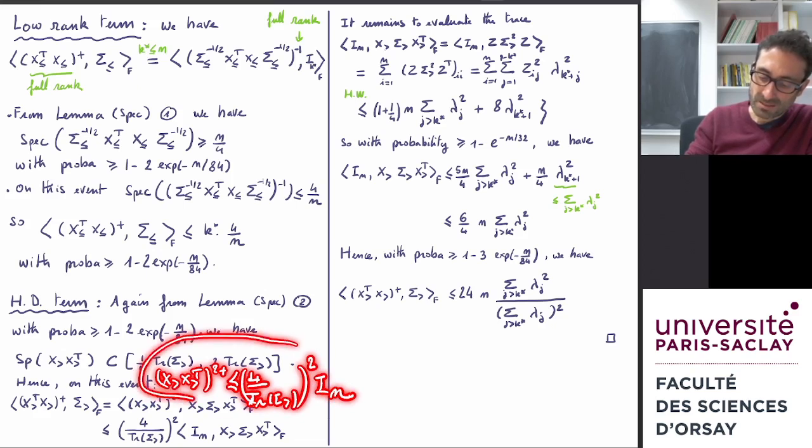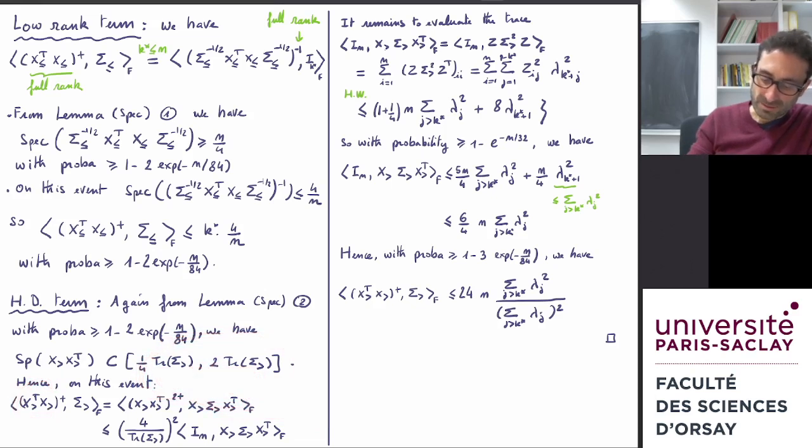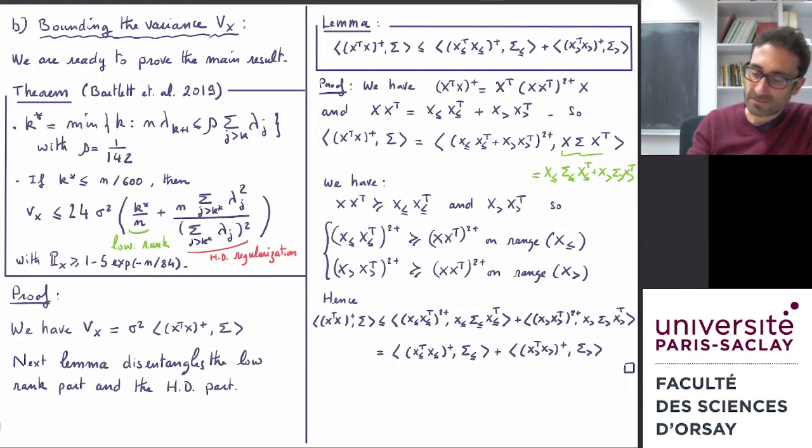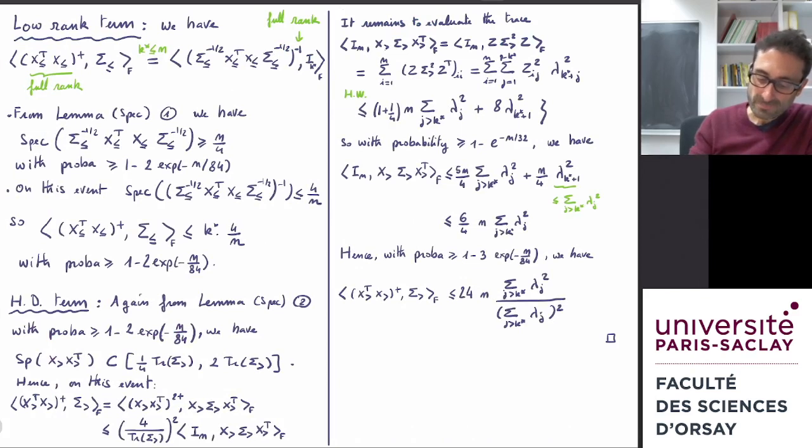And by using this bound here, first of all, I rewrite this scalar product in this way. So this is exactly what we had done in this inequality here. So I rewrite this bound in this way.